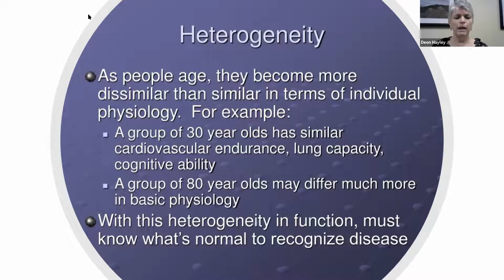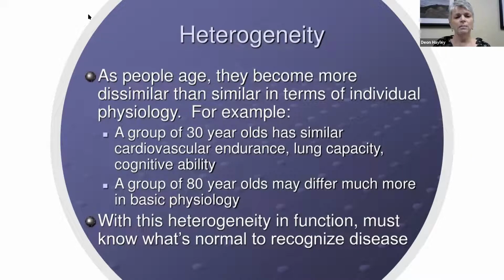But a group of 80-year-olds, and you would test those same things like their heart function and their lung function and all of those different parameters, it's a broader definition of what's normal. So whereas 30-year-olds would all fall into this smaller range of normal, older people would have your normal if you have the function of a 30-year-old, but it's still normal if your function has declined a little bit.